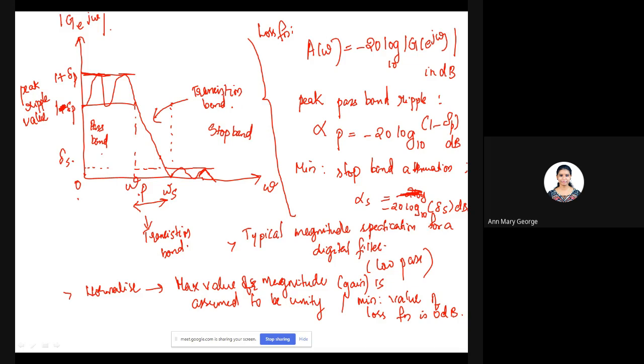Or you can also consider that the minimum value of the loss function will be 0 decibels.